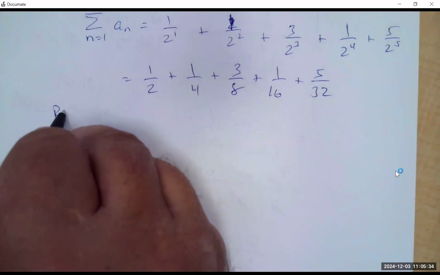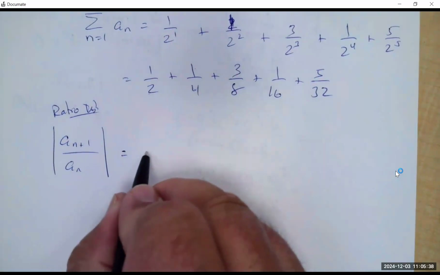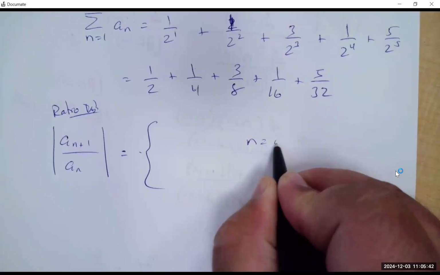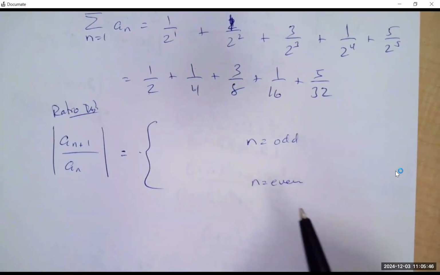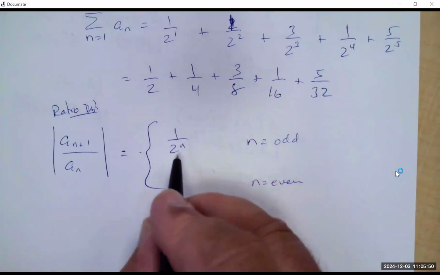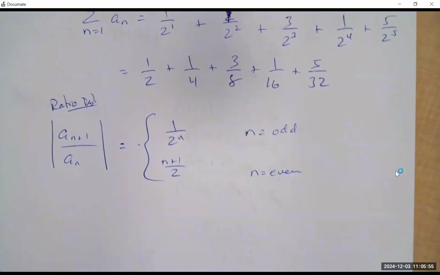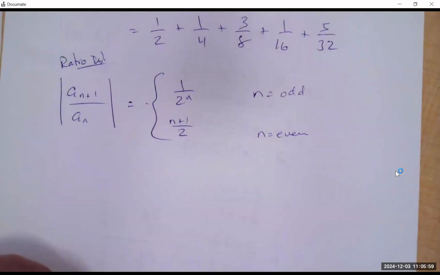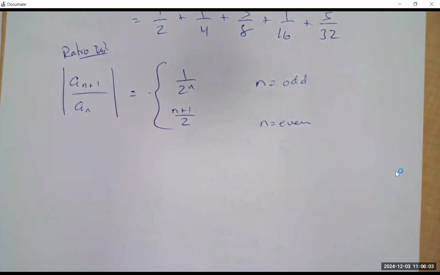The ratio test produces this, if n is odd versus n is even. So we have 1/2n. This is n plus 1/2. So this is what we're going to be using as n goes to infinity.